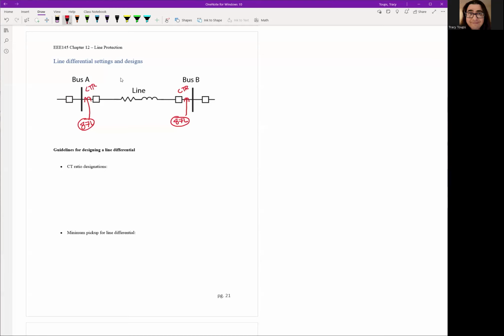If you remember how to do CT ratio designations, we select the CTR to have 5 amps secondary current flowing into the relay under normal loading.